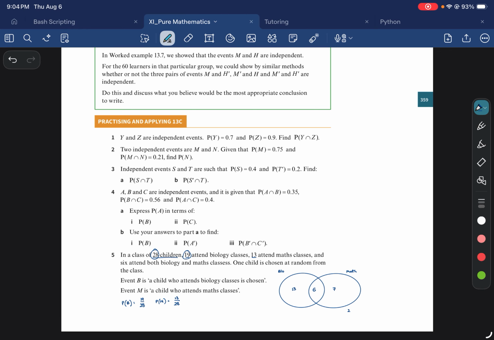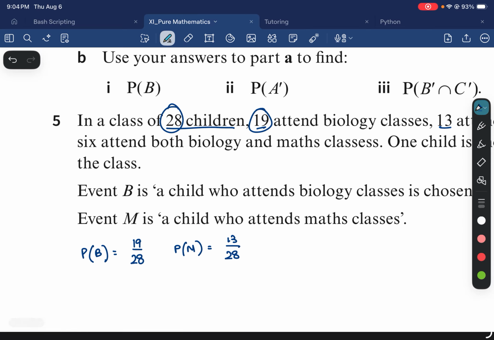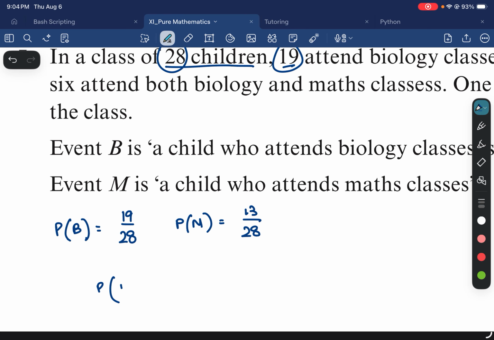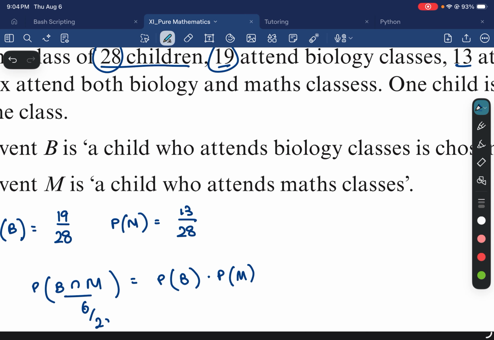All right. And it says, are events B and M independent? So if we need to check for independence, we need to check for this equality. What does this mean? Well, this is the probability that a student takes bio and math classes. So that is the 6 students here. So this is 6 over 28.